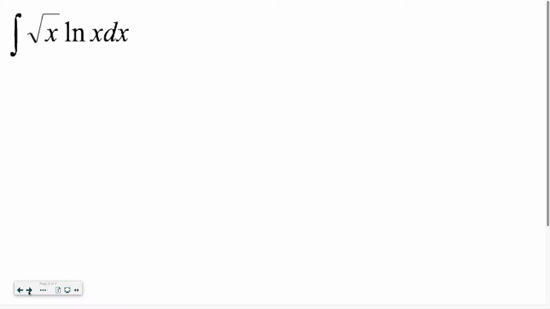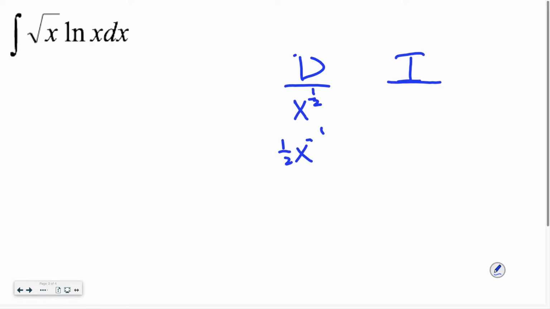I still don't think so. So just go with integration by parts. And like we were saying, if we try to do the tabular method, x to the 1/2 is never going to get all the way to 0 because it's not a polynomial.